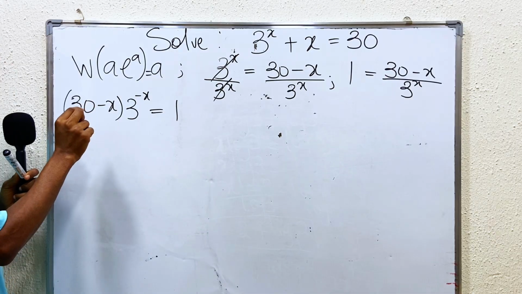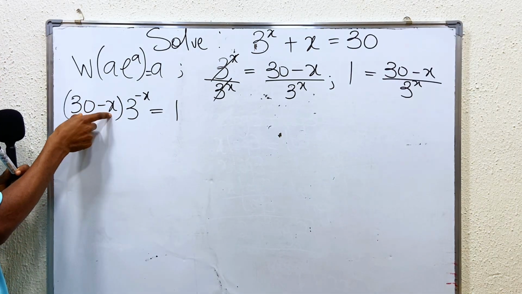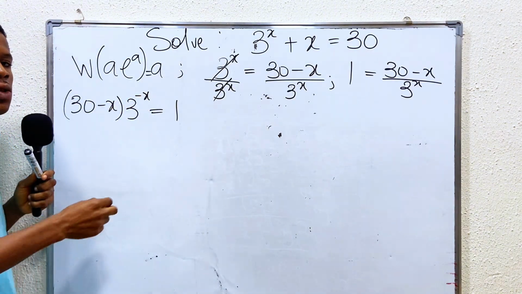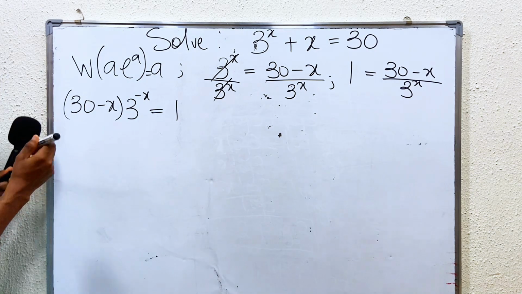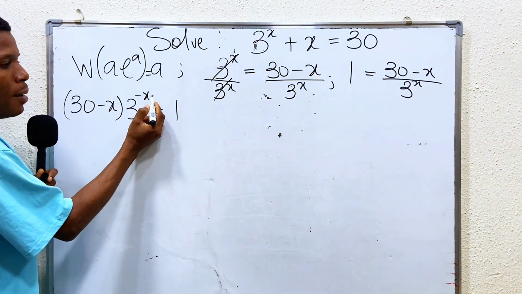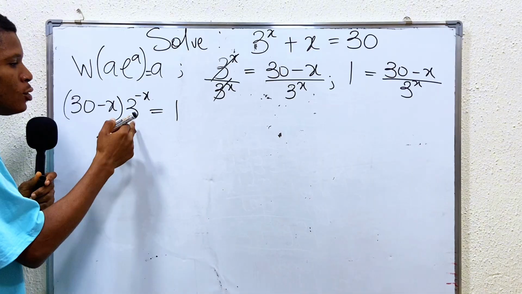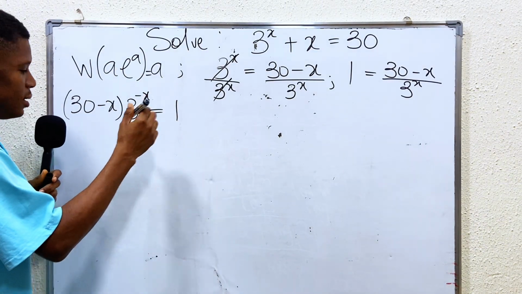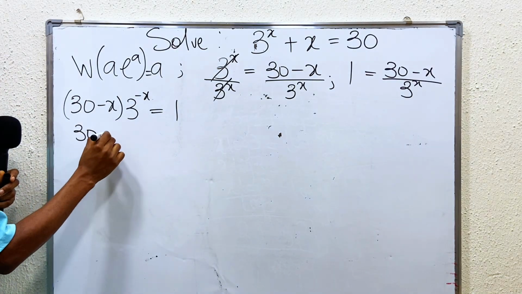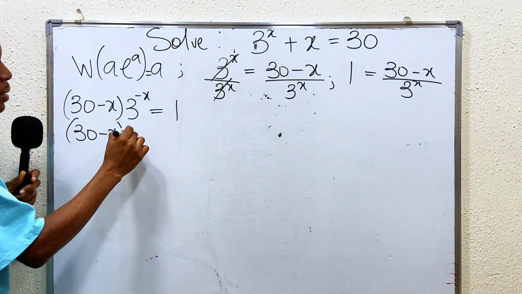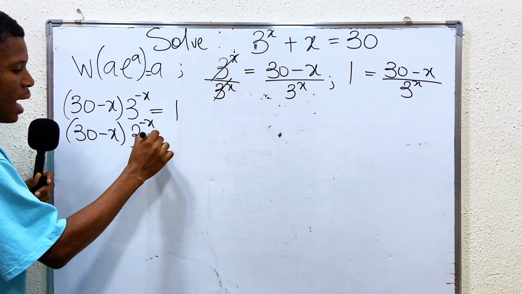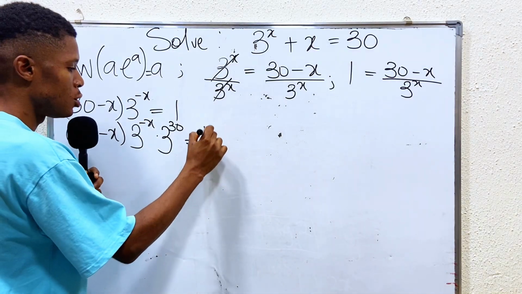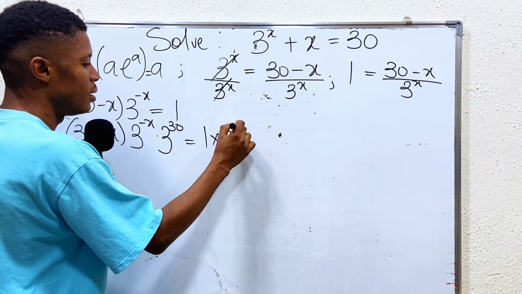So all we have to think of now is how to get the multiplier 30 minus x to be exactly the power of 3. So all we need to do here is just to add 30 here. And remember, once you're adding 30 to the power, you are multiplying by the base raised to power 30. So we have 30 minus x multiplied by 3 power minus x times 3 power 30, so that we can get the powers to be the same, is equal to 1 times 3 power 30.